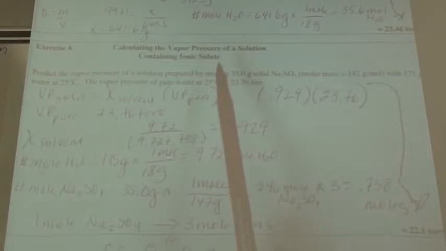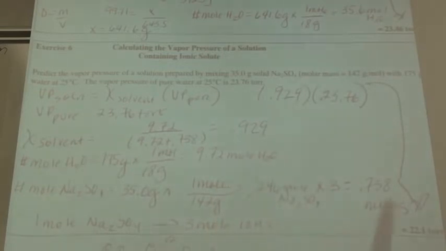So here's some math, 0.929 times 23.76 is equal to this. Now, what you should be on the lookout for when you do these problems is whether your non-volatile solute breaks up into ions or stays together, because it's going to determine a different answer for you.